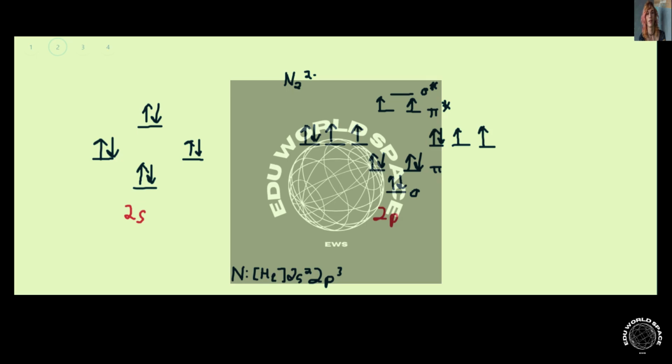Now we're going to fill up our sigma and our pi bonds, and now we're going to fill up our anti-pi bond orbitals. So N2 has 2 electrons in our antibonding pi orbital, and these are unpaired, so this will cause it to be paramagnetic.